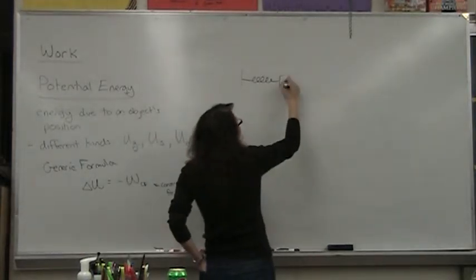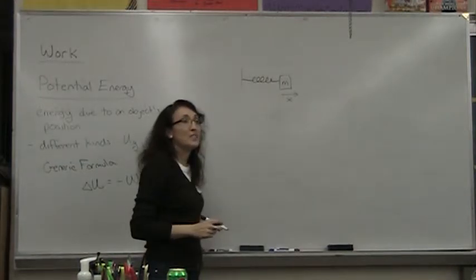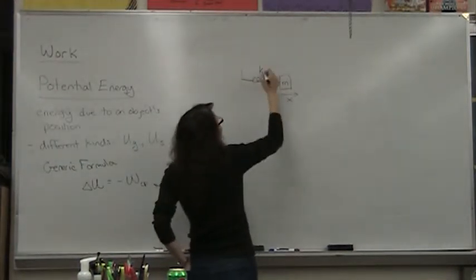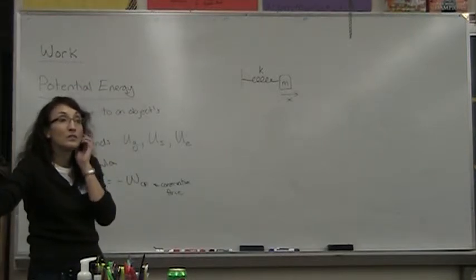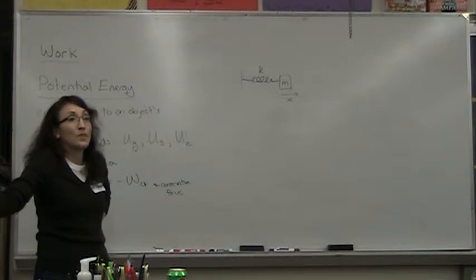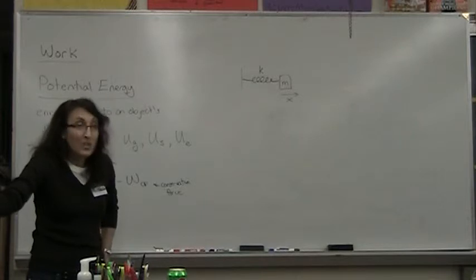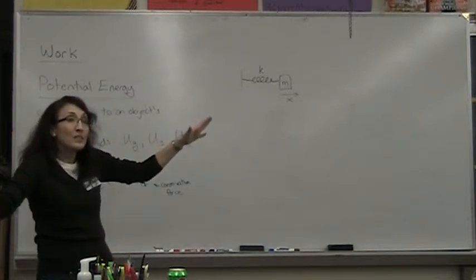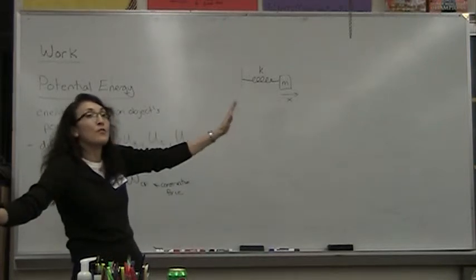Let's just pretend I have a mass attached to the spring, and I'm going to move that a distance x. And this happens to be a linear spring, so it's going to follow Hooke's law. Now, am I going to change the position of this mass that's attached to this spring? Yep, so the spring force, which is a conservative force, when I moved it to the right, the spring force does some work.